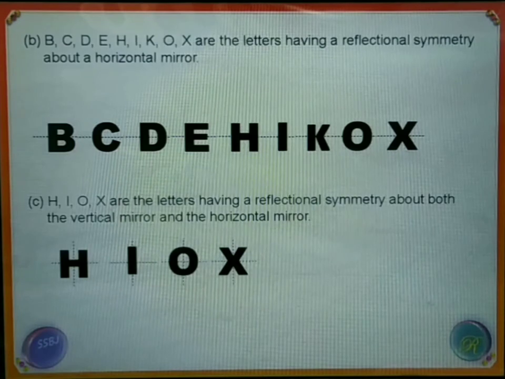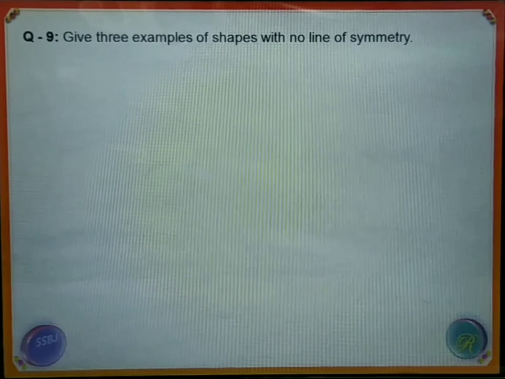C H I O X are the letters having a reflectional symmetry about both the vertical mirror and the horizontal mirror.